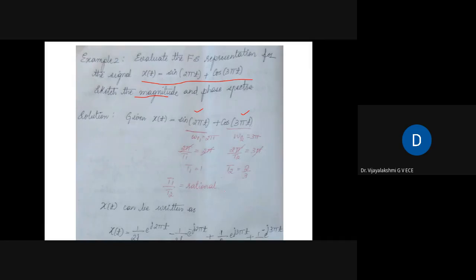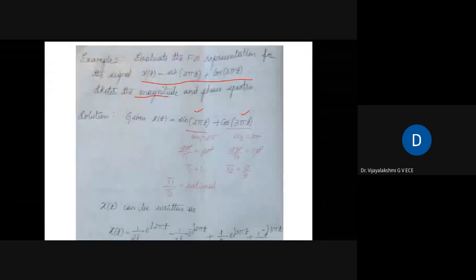If the ratio is irrational, then the given signal is not periodic. So for the first signal sine 2 pi t, we have omega naught 1 equal to 2 pi. Omega is nothing but 2 pi by T. So omega naught 1 is 2 pi by T1, which is equal to 2 pi. So 2 pi will get cancelled, and we have T1 equal to 1 second.